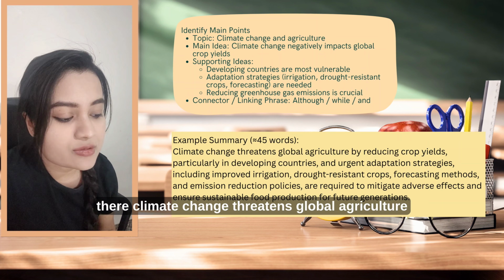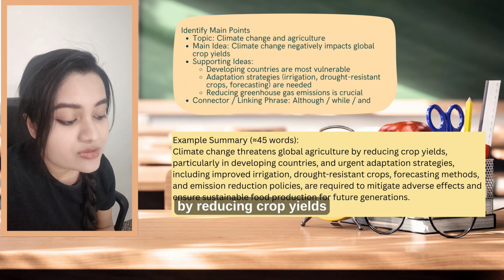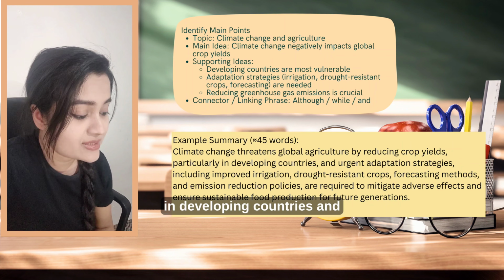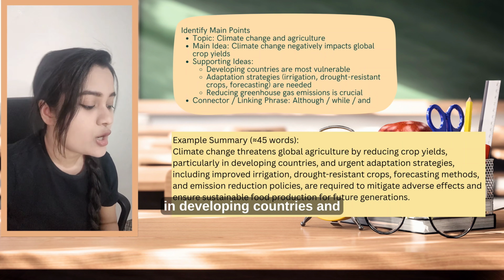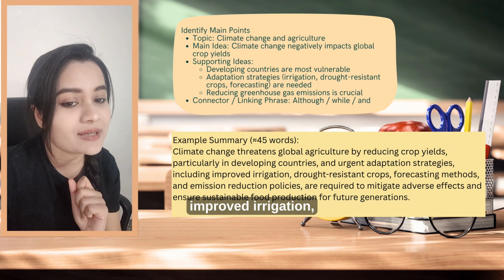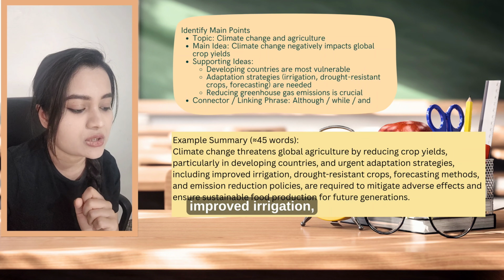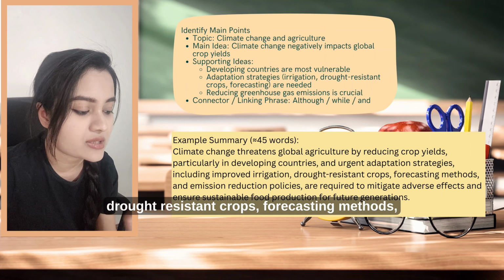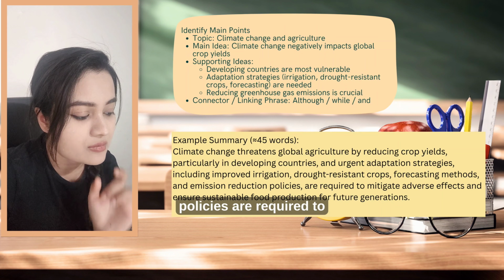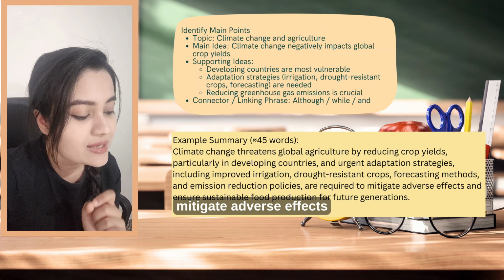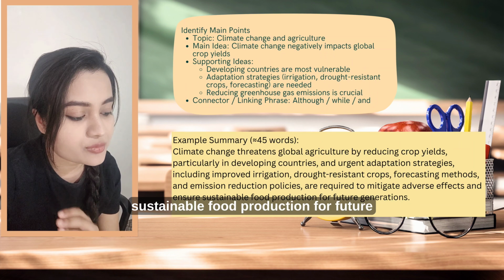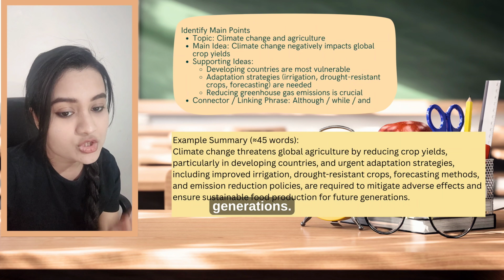Climate change threatens global agriculture by reducing crop yields, particularly in developing countries, and urgent adaptation strategies, including improved irrigation, drought-resistant crops, forecasting methods, and emission reduction policies are required to mitigate adverse effects and ensure sustainable food production for future generations.